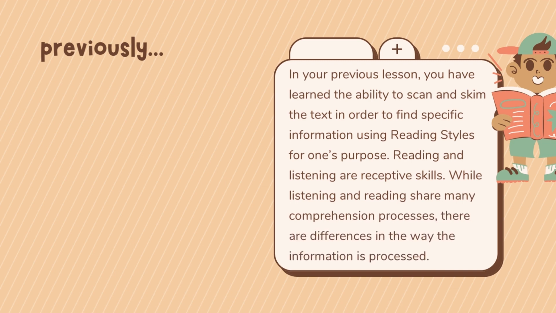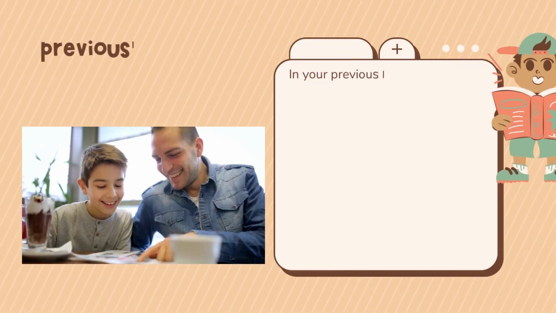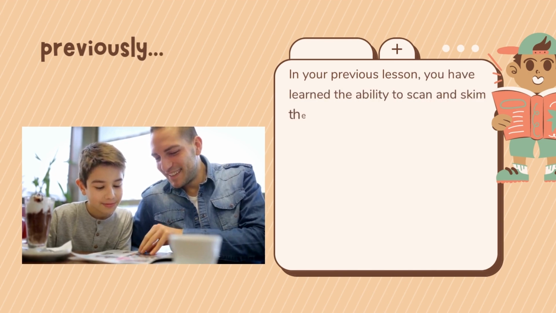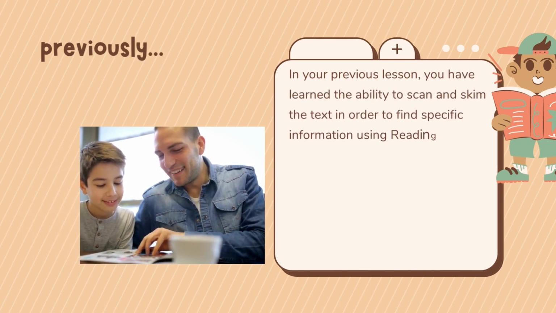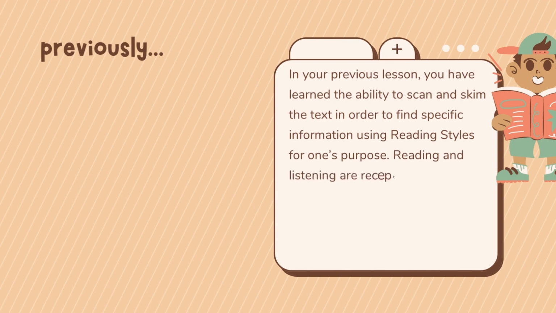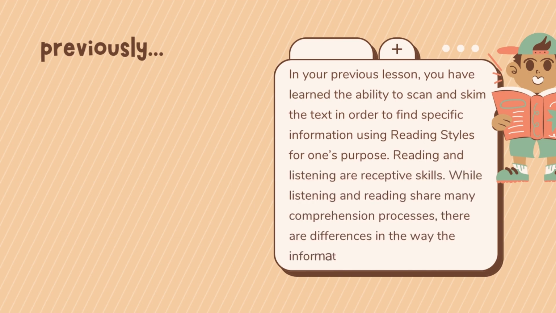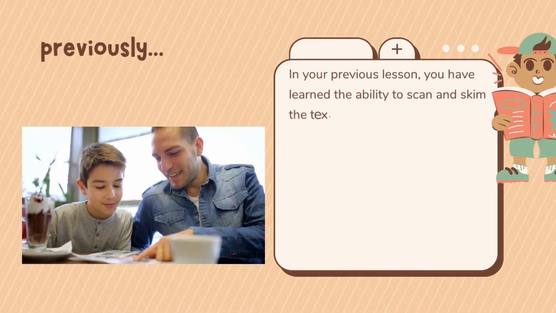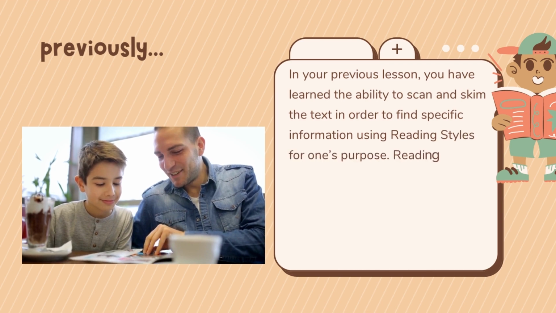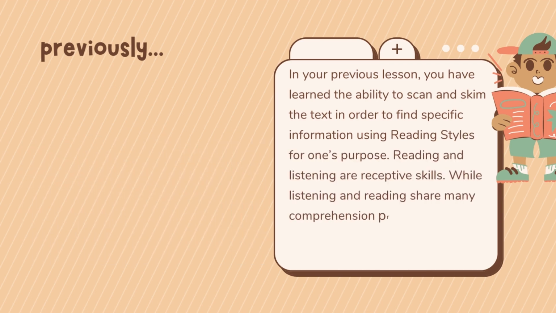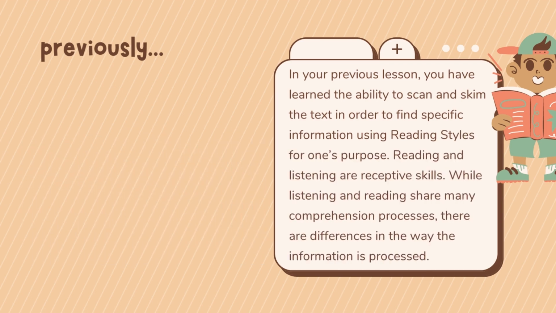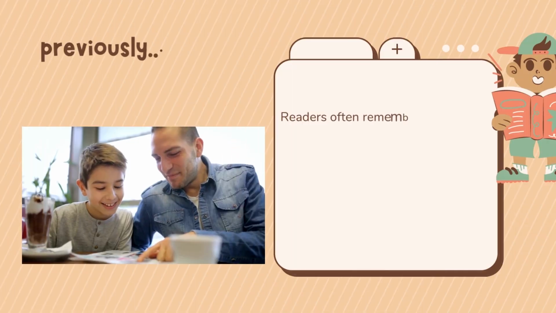While listening and reading share many comprehension processes, there are differences in the way the information is processed. We say that reading and listening are receptive because we apply the information that we learned from them. Okay? It is like a bottomless pail for the purposes of learning.